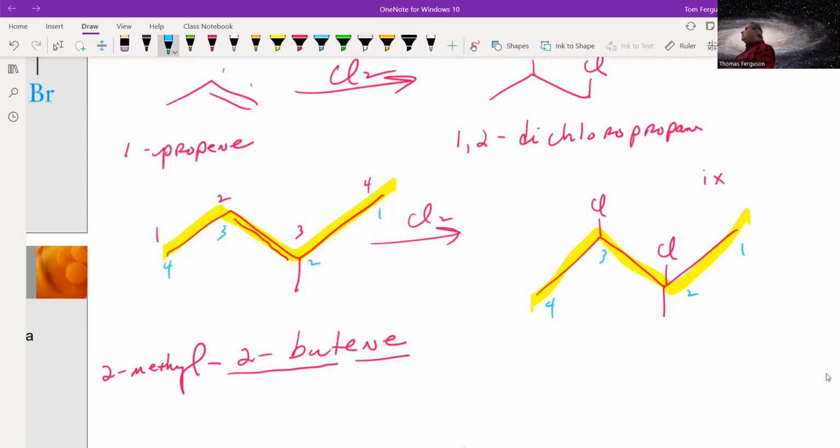Now it's going to be a butane because it doesn't have any more double bonds. We have 2 branches now, 2 chlorines, so it's going to be 2,3-dichloro.